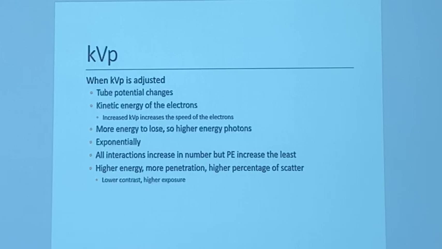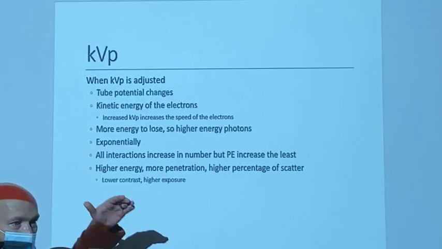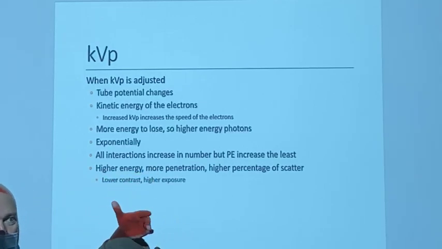So the electron comes through and loses all of its energy, we're going to have a very high energy X-ray photon, as opposed to if it loses very little of its energy, we're going to have a low energy X-ray photon. So as kVp increases, we've got an increase in kinetic energy. We have more energy to lose, and therefore, with more energy to lose, we can create higher energy X-ray photons, right?